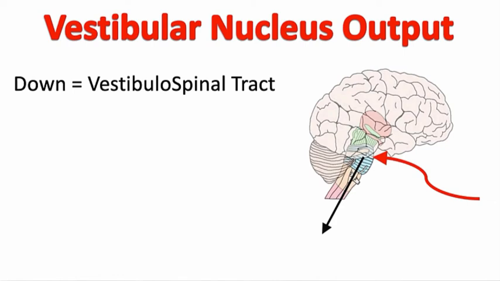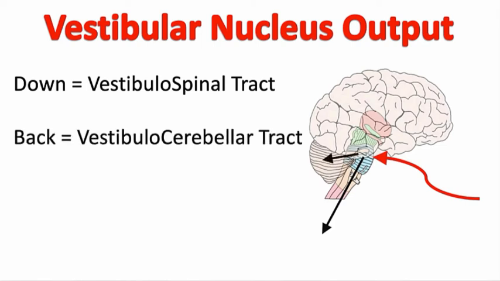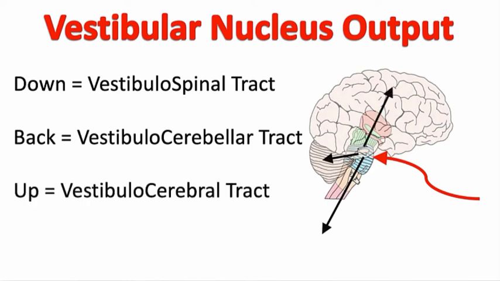The first area is output going down the vestibulospinal tract. Then we have the vestibulocerebellar tract, which goes backwards. Then we have output that goes up via the vestibulocerebral tract. And then we have what I call up-up, meaning the output goes all the way up to the thalamus.